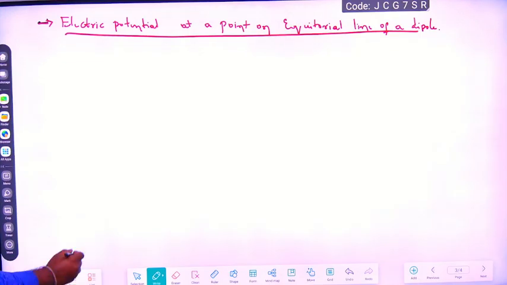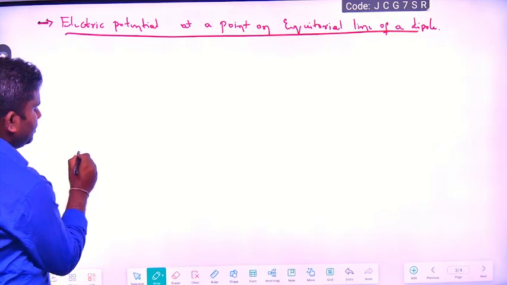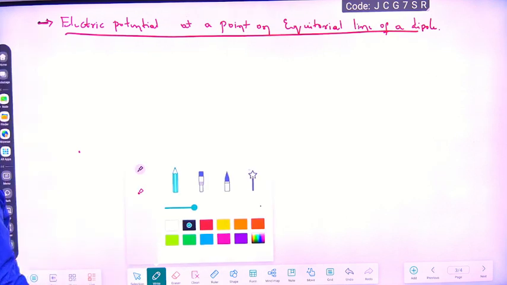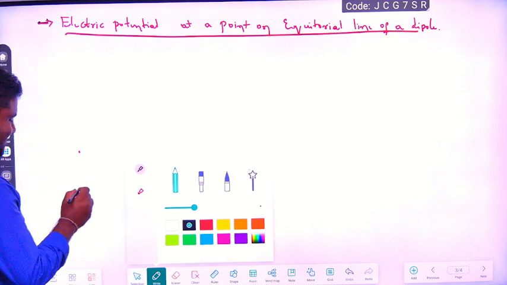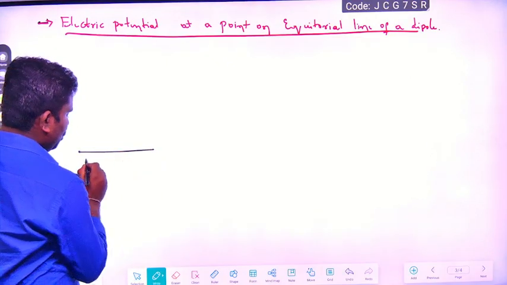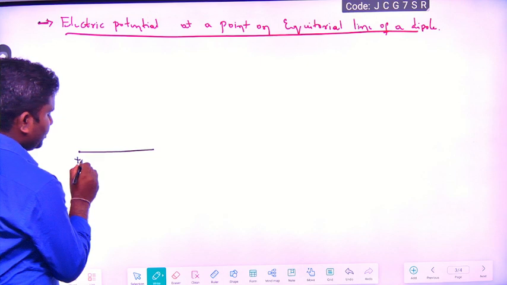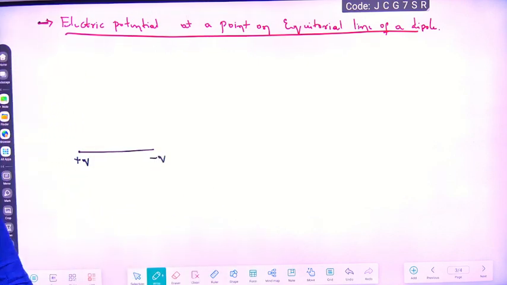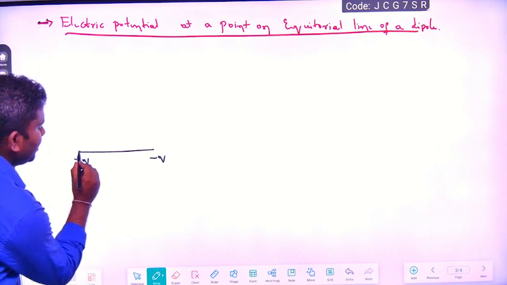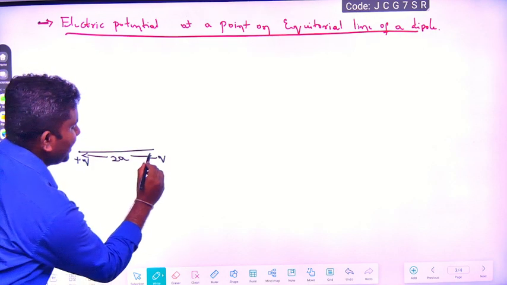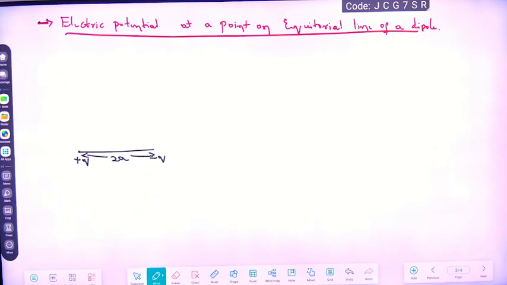Take a dipole. What is a dipole? We discussed now what a dipole is. Two equal and opposite charges separated by a small distance, 2a, constitute an electric dipole.